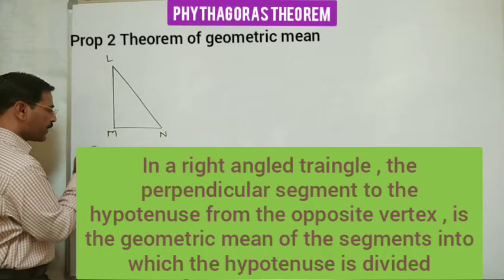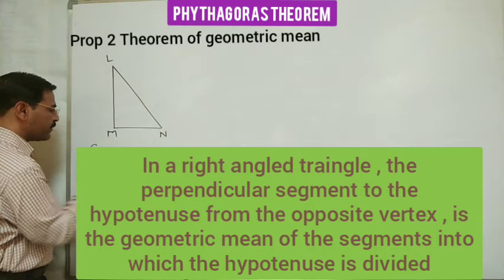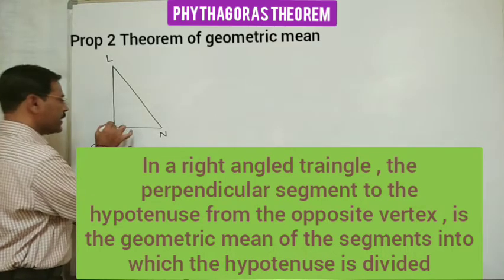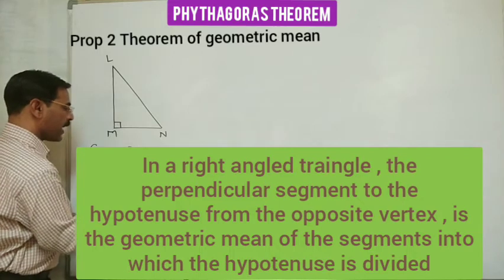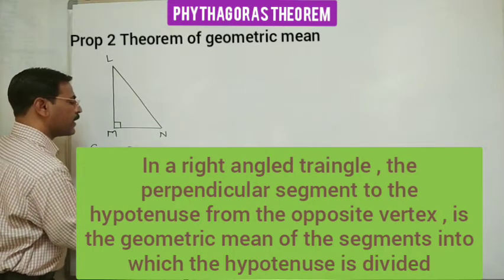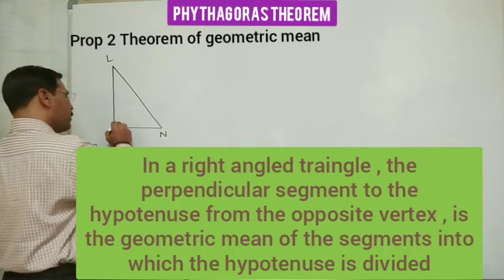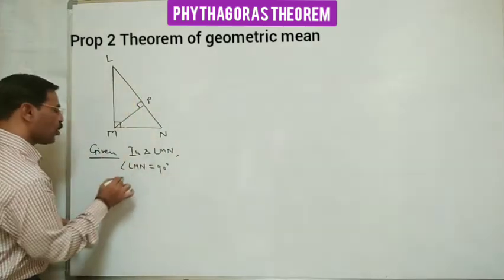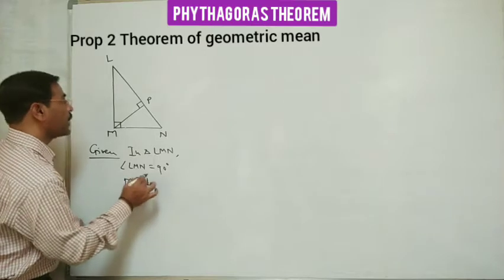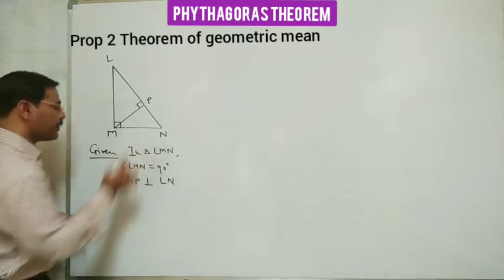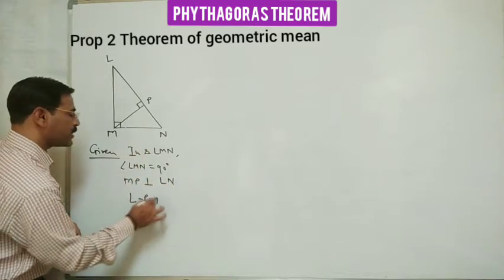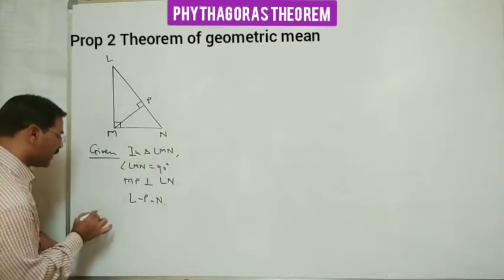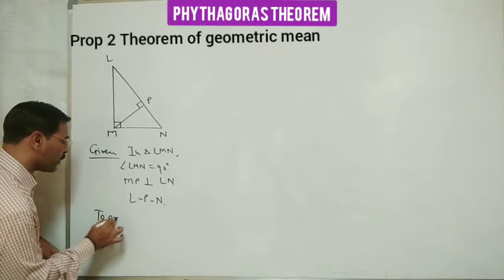Okay, now what is given? In triangle LMN, that is right angled, no? Means angle LMN equals 90. There is one perpendicular drawn. So write here P. So what? MP perpendicular to LN. Where is P? This is L, P, N. So whenever it is like this, what do we have to prove here?